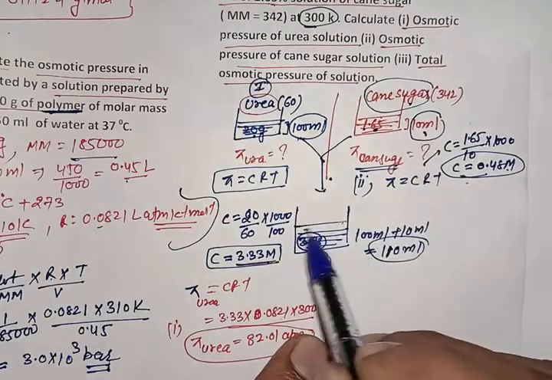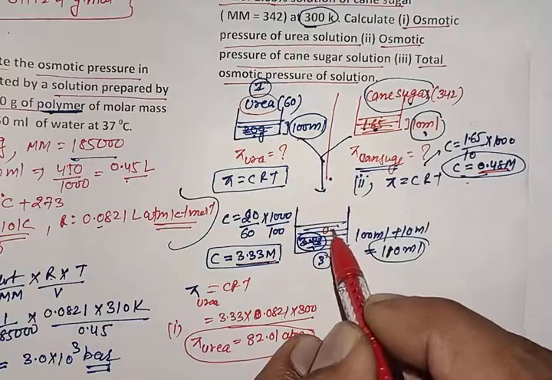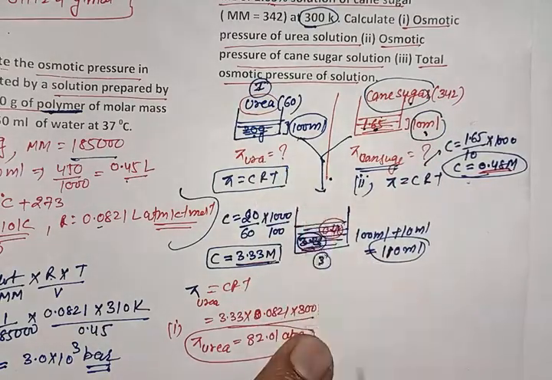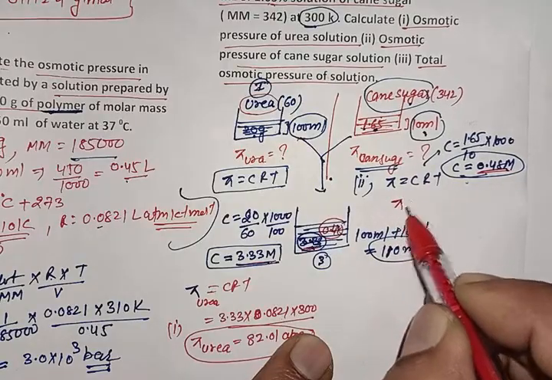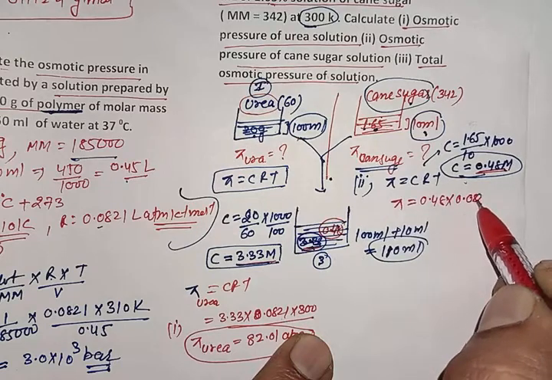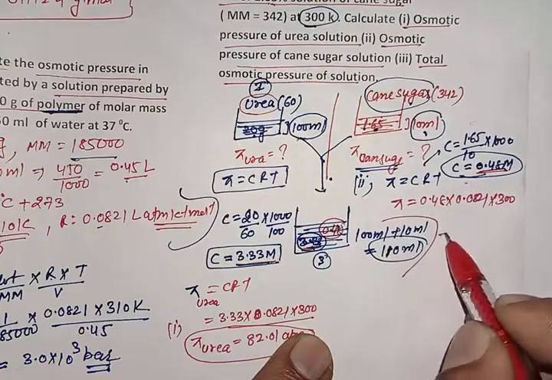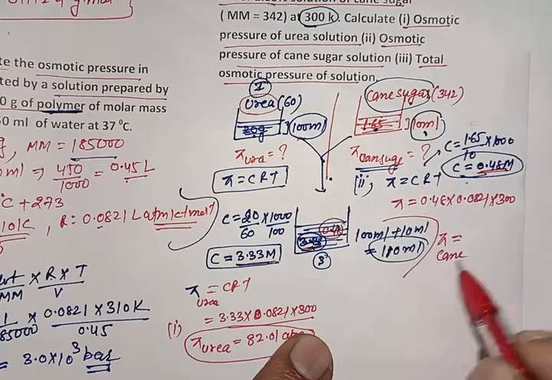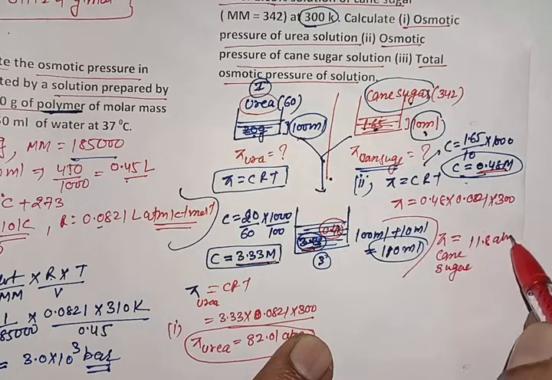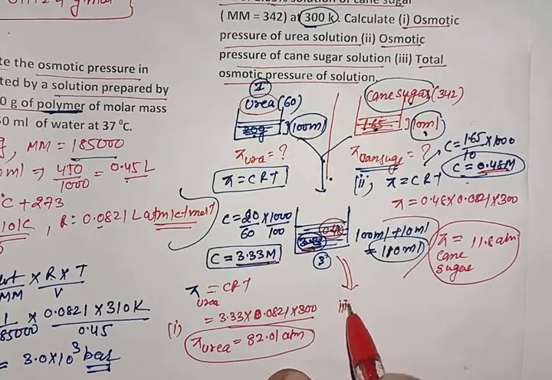So when we mix this solution to form the third solution, it will contain 0.48 mole of cane sugar and 3.3 mole of urea. So we can determine the value of pi. Pi is equal to concentration 0.48, R value 0.0821, into temperature 300 Kelvin. On solving this equation, the osmotic pressure of cane sugar will be 11.8 atmosphere.